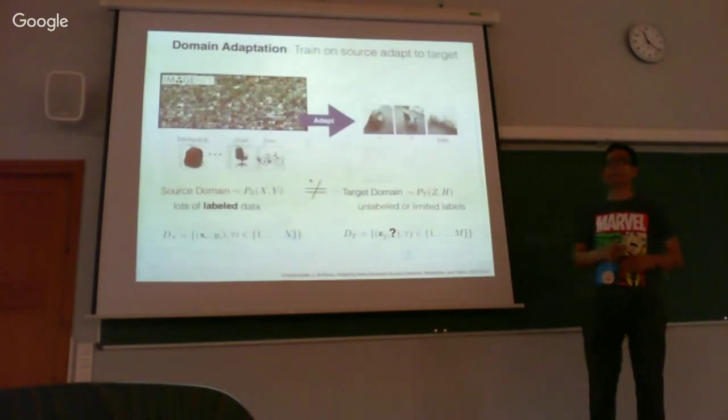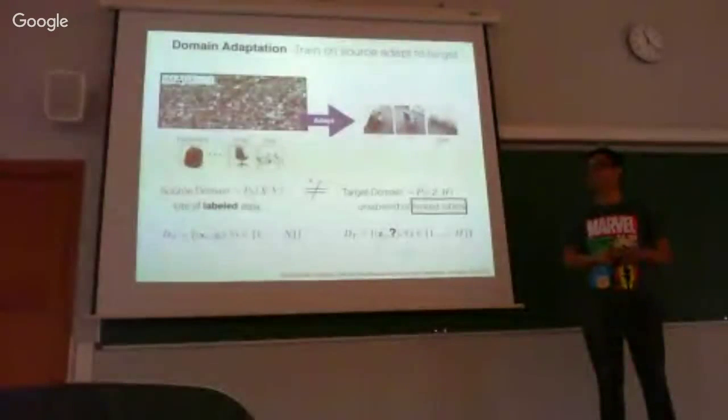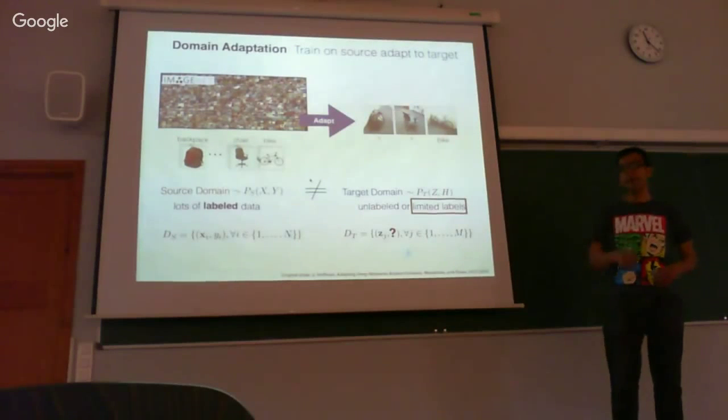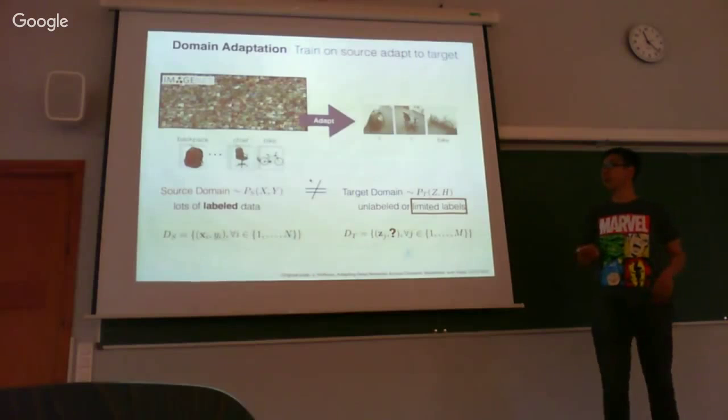Now we have another trouble because sometimes on the target data set we have limited labels. For instance, you can have all the categories in your dataset, but you don't have many labels for each category.